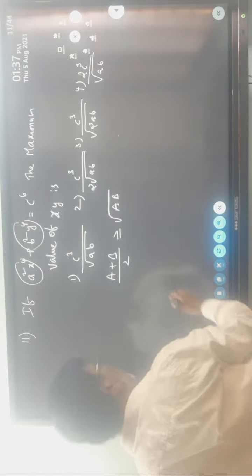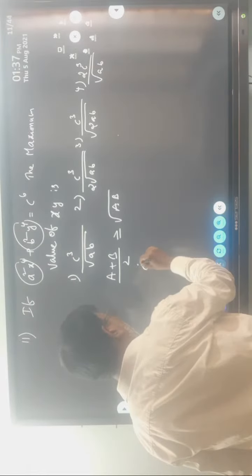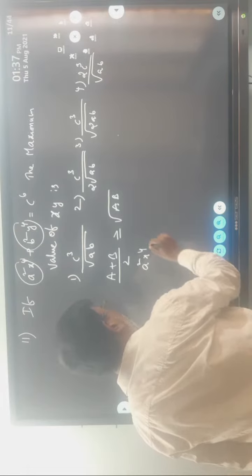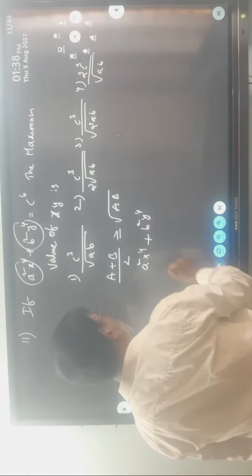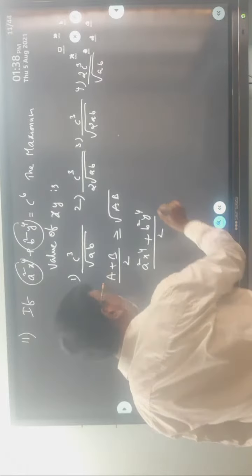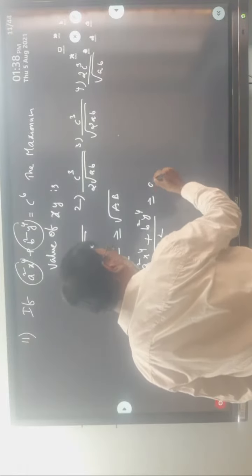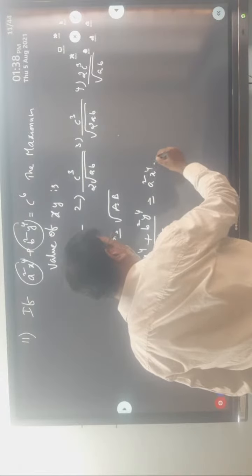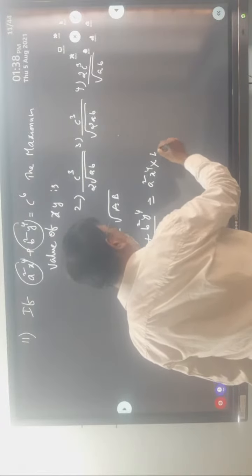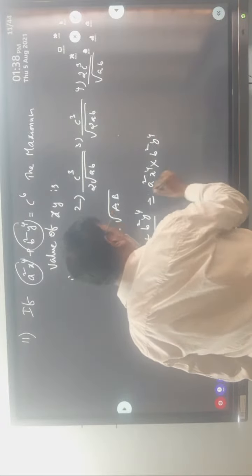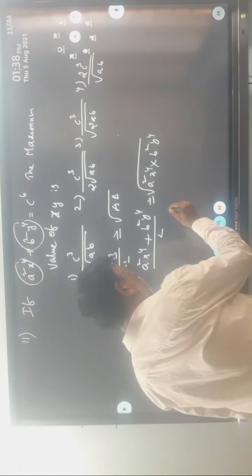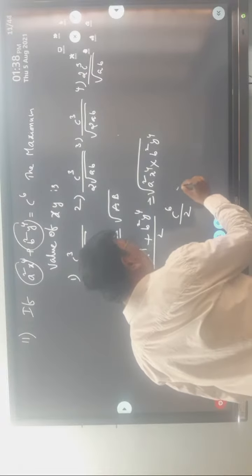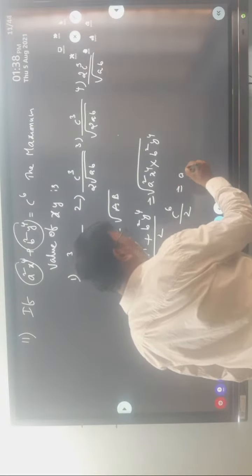What is a? a square x power 4, plus b square y power 4, by 2 is greater than or equal to the square root of a square x power 4 into b square y power 4. This value is already given, c power 6, so c power 6 by 2 is greater than or equal to that.